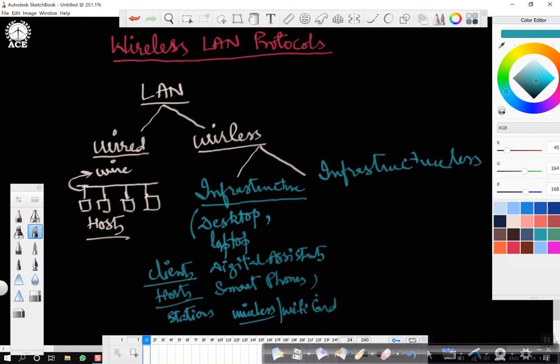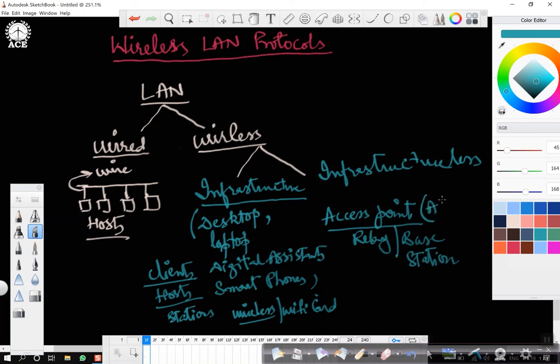But this is not sufficient. In addition, you need an extra hardware component called an access point, or a relay, or some people even call it a base station. Without an access point, it is not possible to organize a wireless LAN.